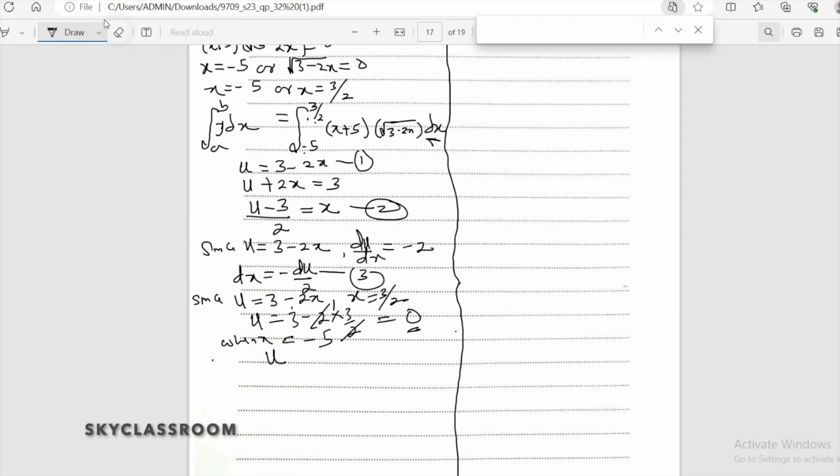Sorry, let me make it clear. When x is minus 5, sorry, I still need to clean it. Okay, I can do it properly now.